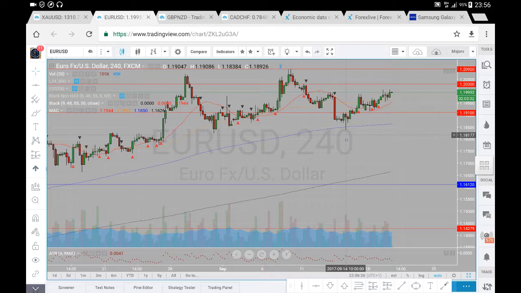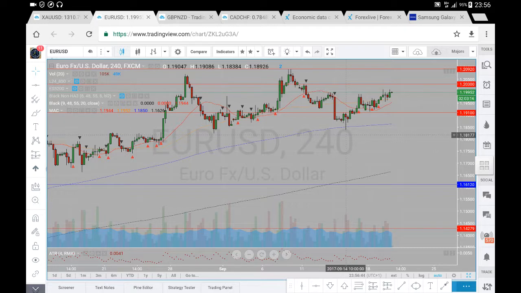So we're looking at the last swing, and the last swing was at 1838, which is quite a bit away from where we are currently, pretty much near 120.